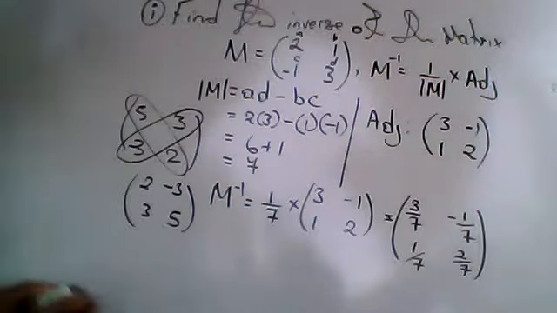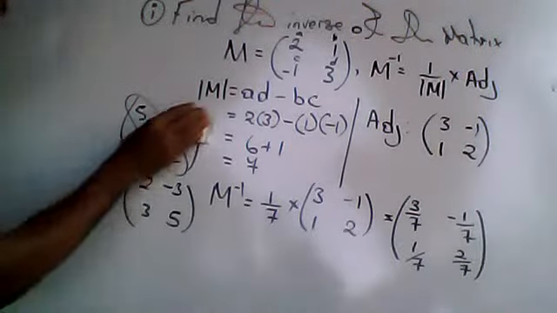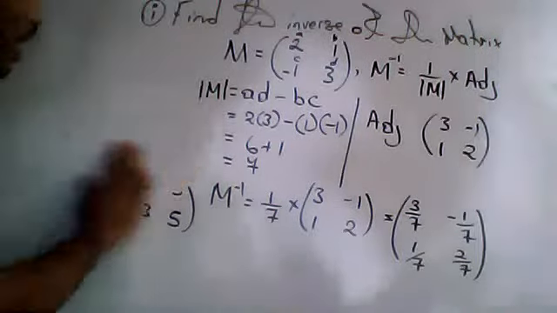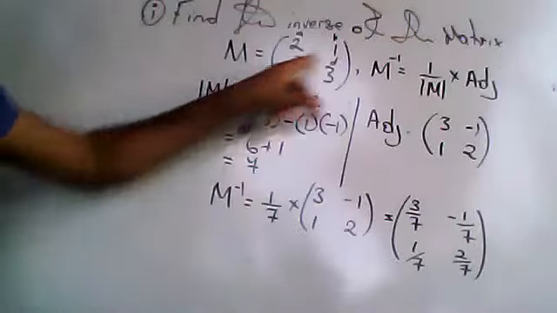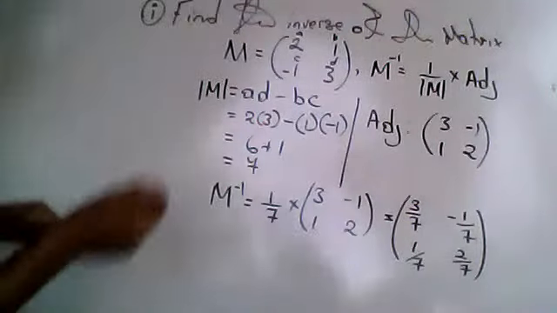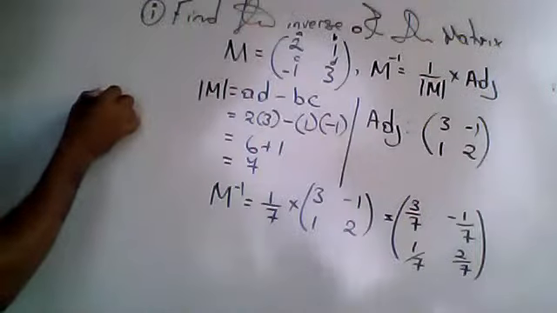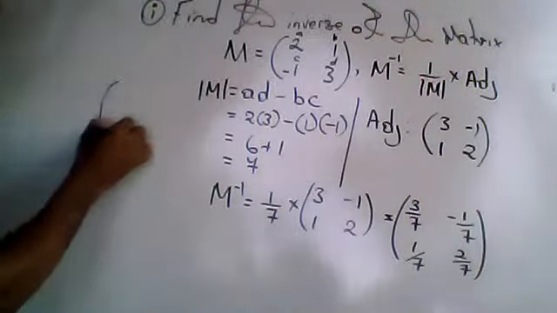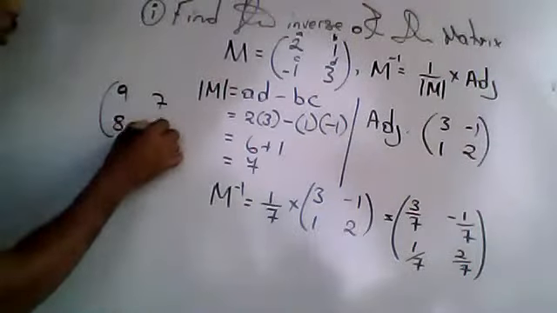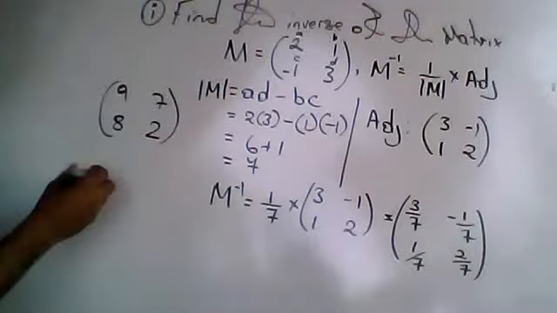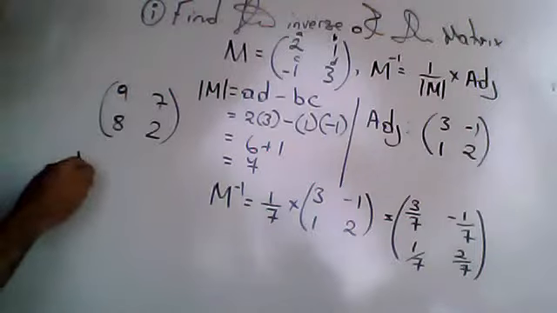Understand what I'm saying? Let me give you another example with numbers that are not the same, because in the non-leading diagonal, both numbers are 3, and with this one, both of them are 1, it's just that the sign is a bit different. So let's say we had a matrix with 9, 7, 8, and 2, and we're finding the adjoint, the ADJ.